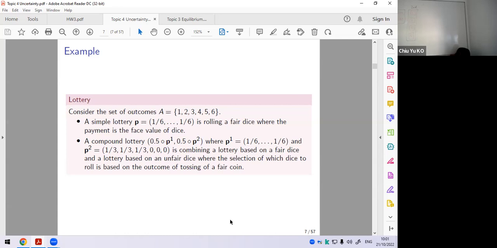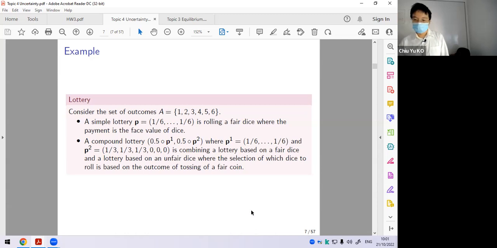P1 will be a 6-sided die, so each outcome is 1/6. And the second die will be only a 3-sided die, so you only have 1, 2, 3, so 1/3, 1/3, 1/3. That is the idea here. That's how you write a compound lottery.